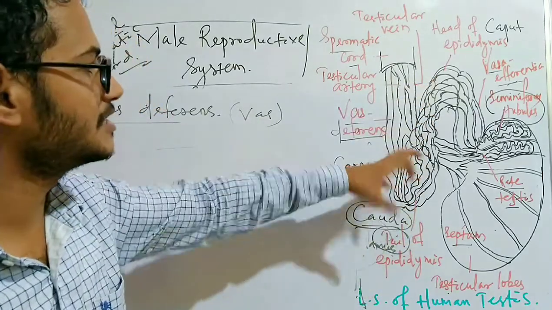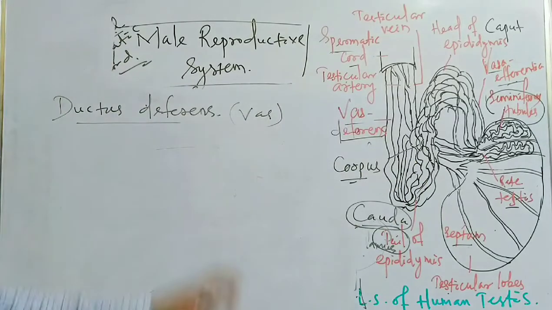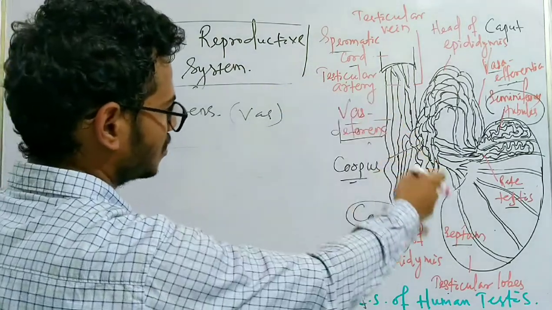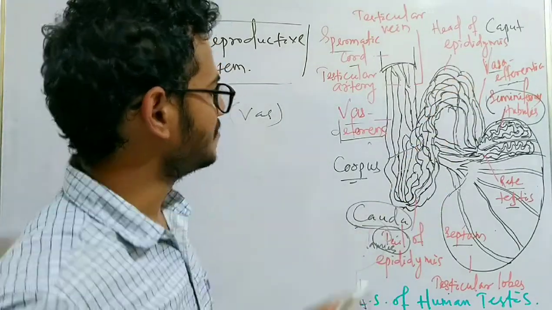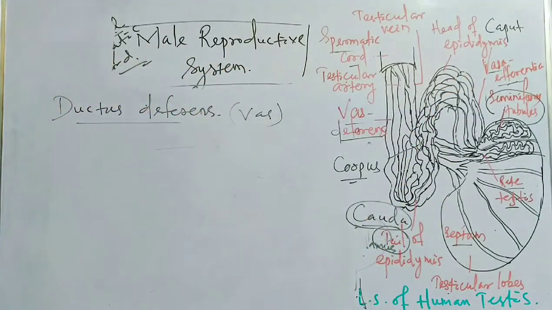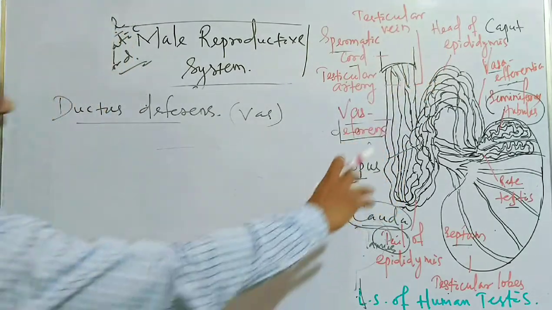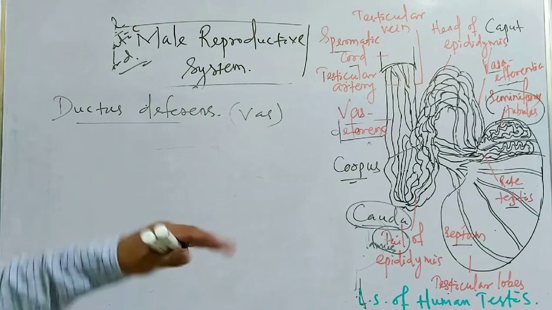In the epididymis, it is more coiled or more convoluted. But when it comes to the caudal region, it becomes minimized. Okay, and its diameter increases. I have told you the diameter of the vas deferens is more. So in the cauda region, the epididymis has a larger diameter than that of the corpus and caput, and now in the vas deferens it will be even larger.